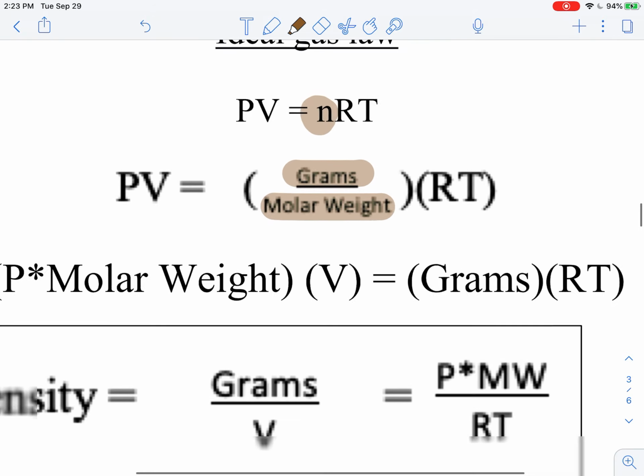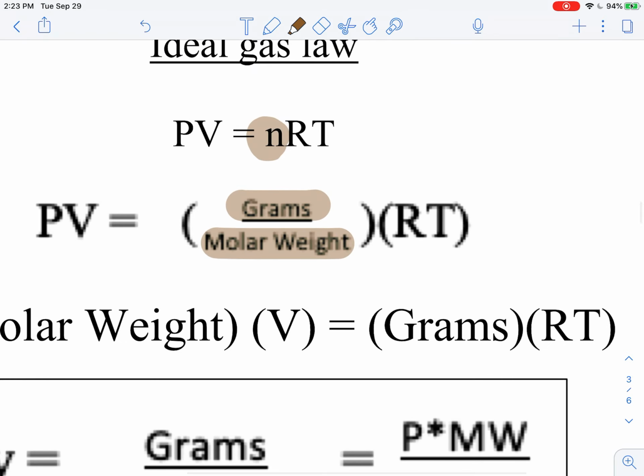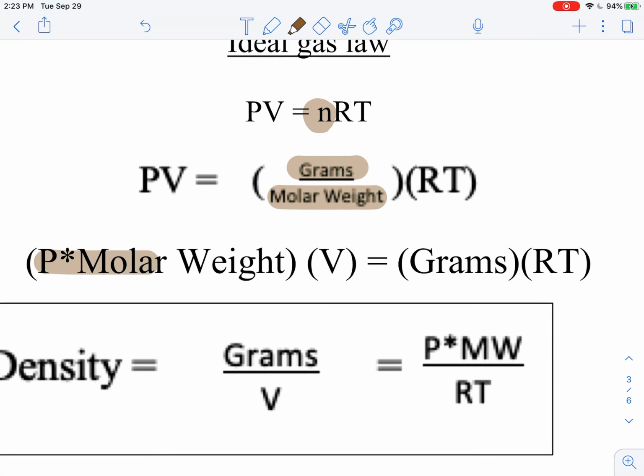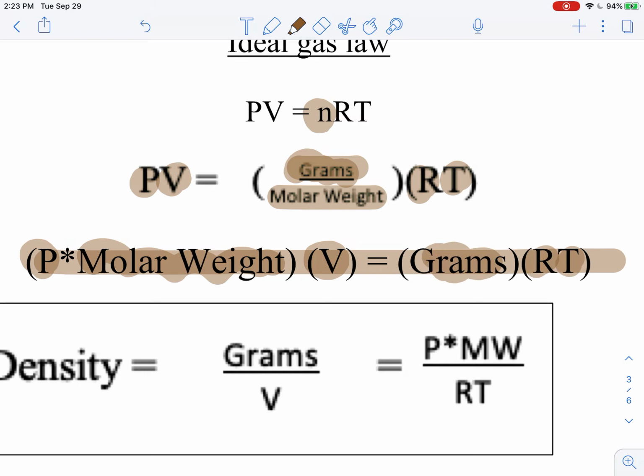So now I have PV equals grams per molar weight times RT. I don't like that molar weight being in the denominator, so I'm going to multiply it across, and now I have the pressure times the volume times the molar weight, and that's going to be equal to the grams times RT.